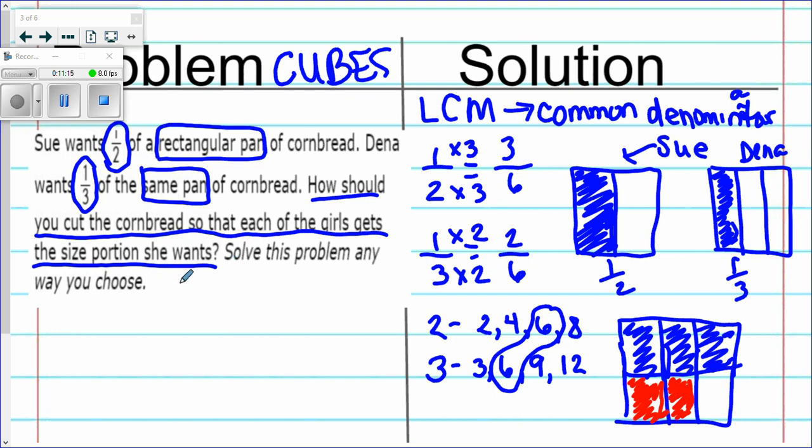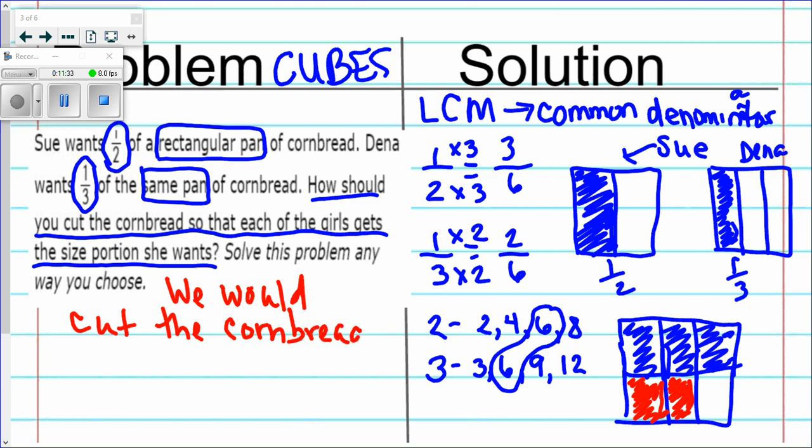We would cut the cornbread into 6 pieces, and that's our common denominator. And 6 is our common denominator.